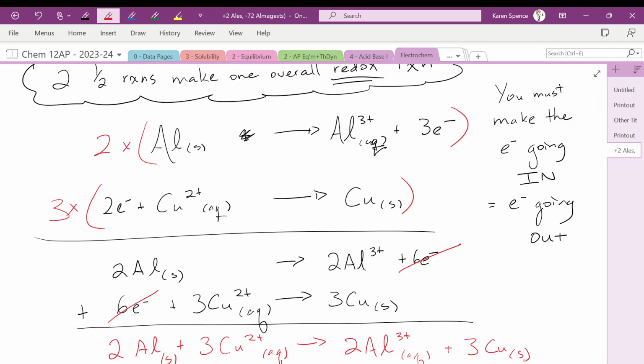Yes? So sometimes you will be given a redox reaction and you'll have to split it into half reactions, and sometimes you'll have to bring them back together.